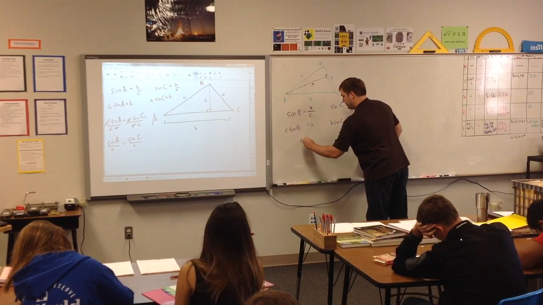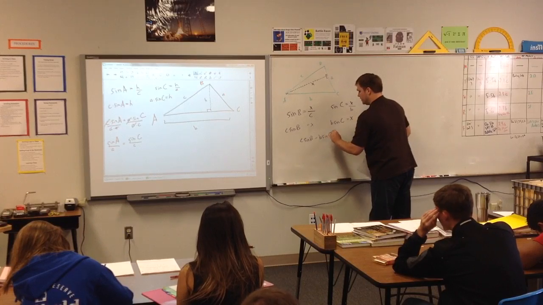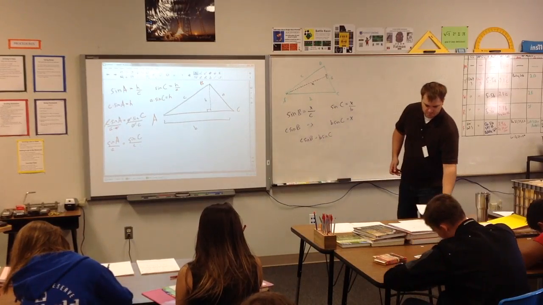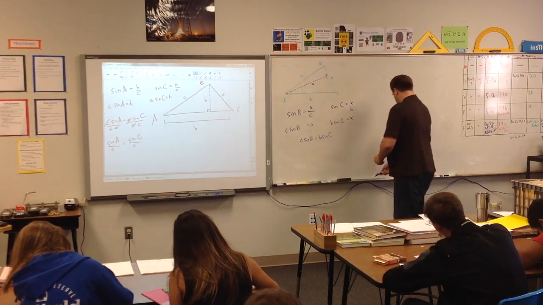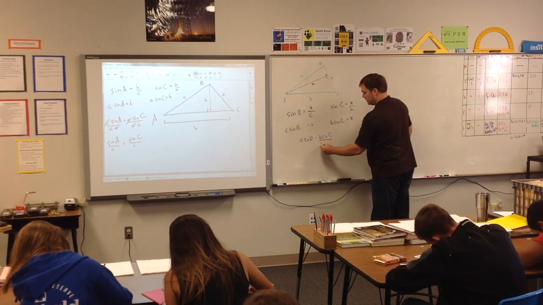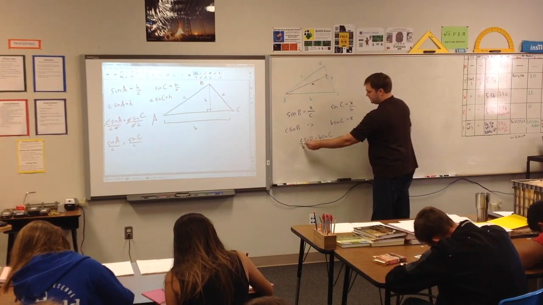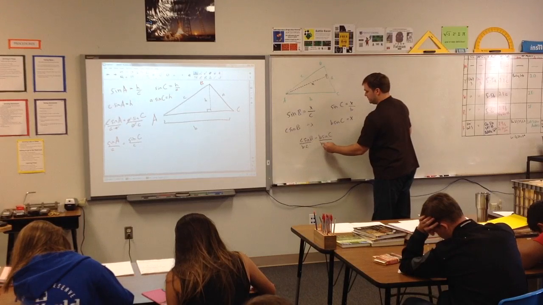So c sine B equals b sine C. You can probably tell where we're going. We're going to divide both sides by little b, and at the same time, divide both sides by little c.